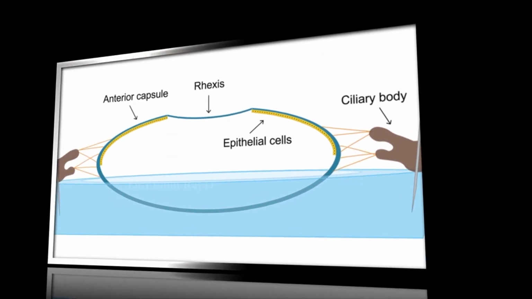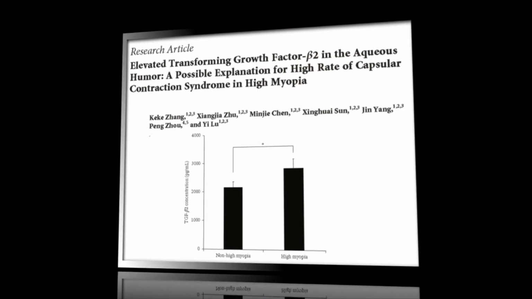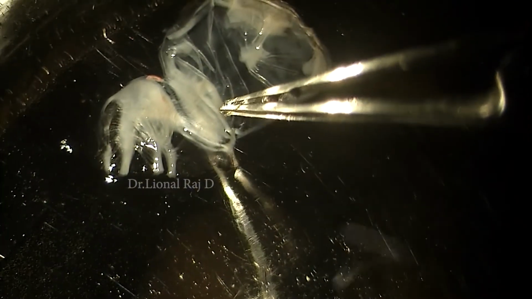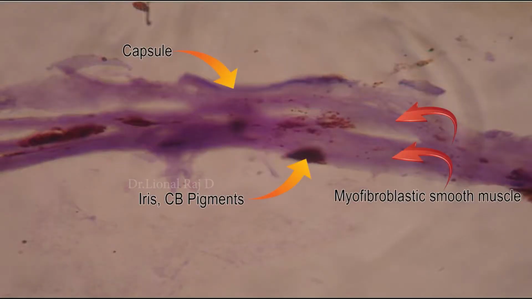while elevated levels of interleukin-1, interleukin-6 and fibroblast growth factor are found in aqueous humor in predisposed cases, which is responsible for proliferation of lens epithelial cells. However, transforming growth factor betas are responsible for transformation of anterior lens epithelial cells into actin-positive smooth muscle cells or myofibroblasts.